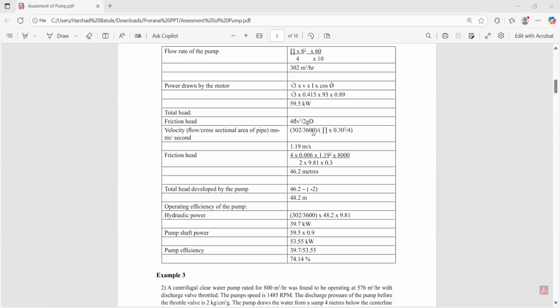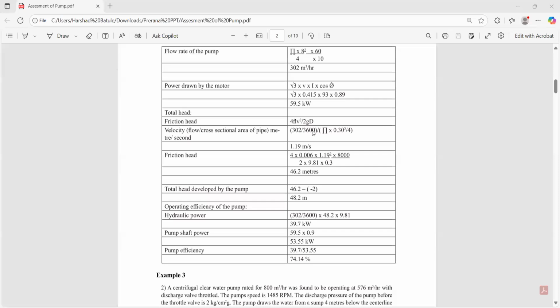Any fluid passing through an enclosed pipe has a velocity, and the enclosed area together with it gives the volumetric flow. So 302 we have calculated from the above data as volumetric flow equal to area times velocity, and velocity we need to calculate.